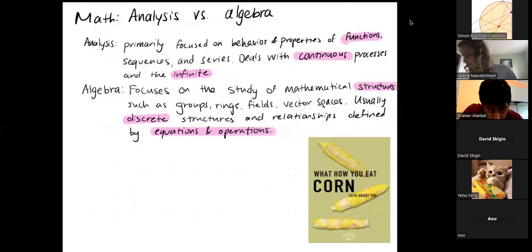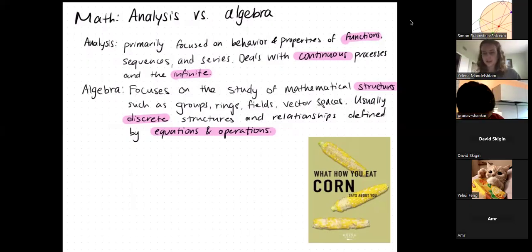Some examples are written right here. These are usually discrete structures as opposed to continuous, with strictly defined relationships that are defined by equations and operations with rules of how you work with them.